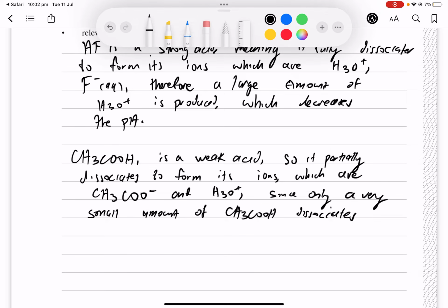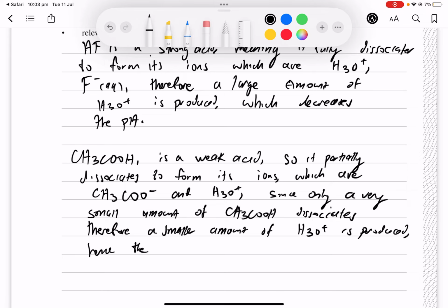Since only a very small amount of CH3COOH dissociates, therefore a smaller amount of hydronium is produced. Hence the pH is higher than that of HF.